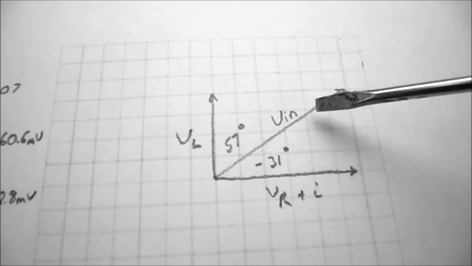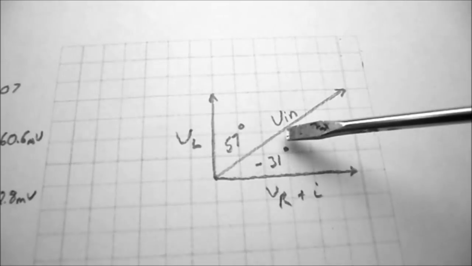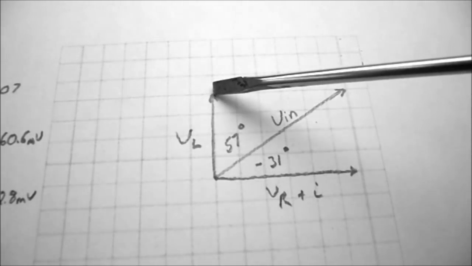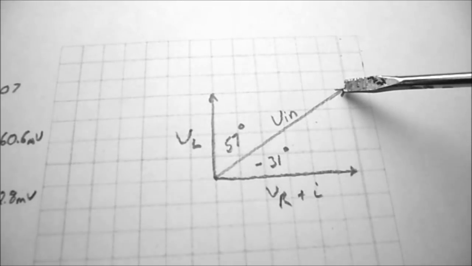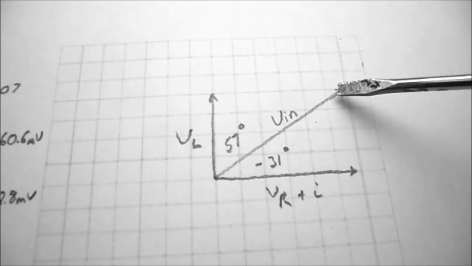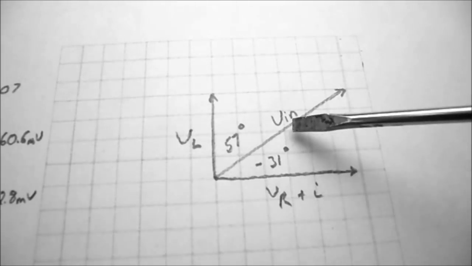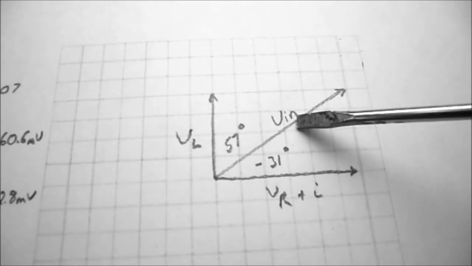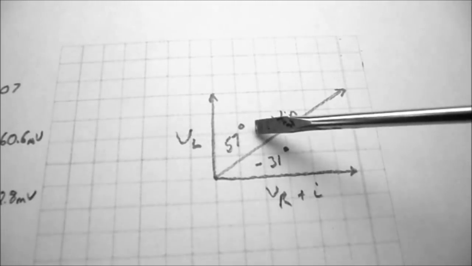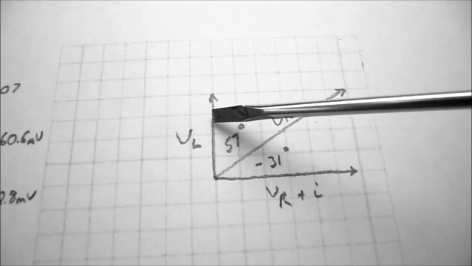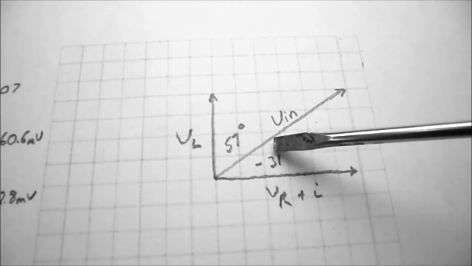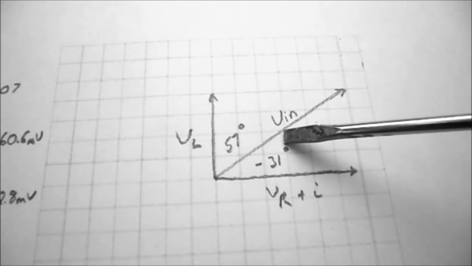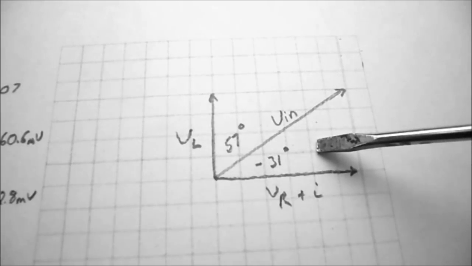And Vin is 0.707, and if you square in the box, that's where the reference line for Vin comes. And you'll notice VR is minus 31 degrees from Vin, and VL is plus 57 degrees from Vin, and 57 plus 31 happens to equal about 88 degrees, which is close enough to 90 degrees. So this is your phasor diagram in plot 6.2.